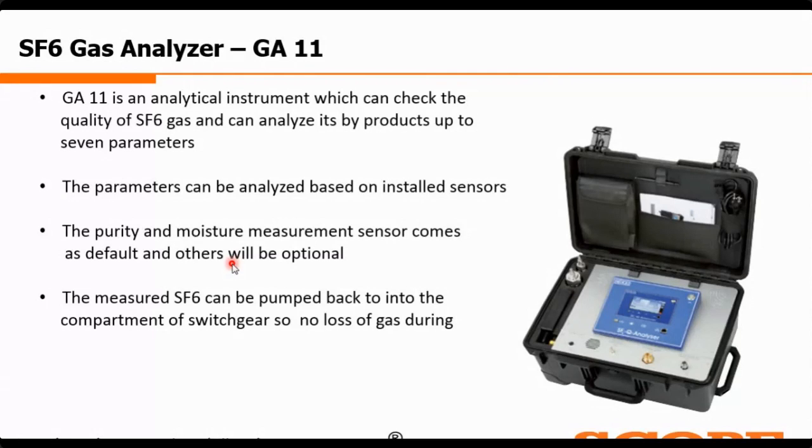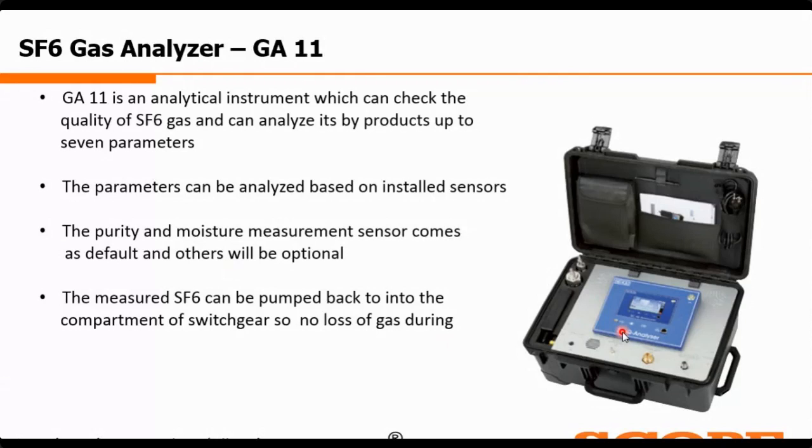This is not as per the environmental guidelines. You cannot release the SF6 in the open environment. So for that, we have this gas analyzer. With the help of this, you can do the analysis. The gas will come here, it will do the analysis, and after that we can pump the gas back to the circuit breaker.